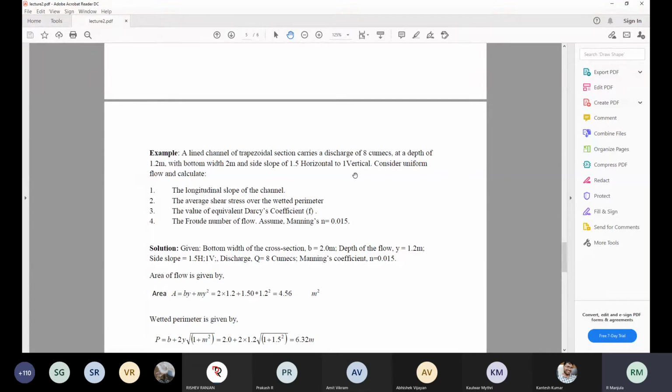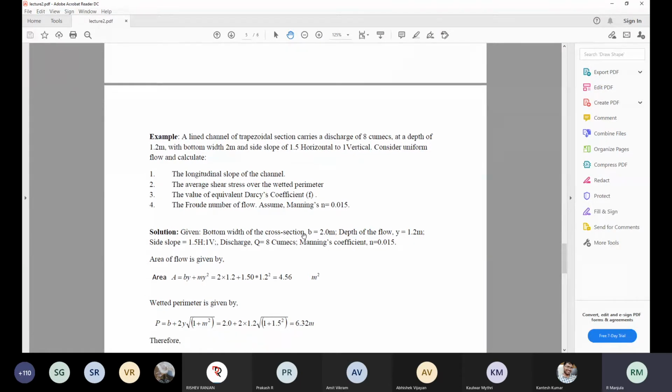First assumption is uniform flow, and you need to calculate the longitudinal slope of the channel, the average shear stress over the perimeter, the value of the equivalent Darcy's friction coefficient f, and the Froude number of the flow, assuming Manning's n is equal to 0.015.